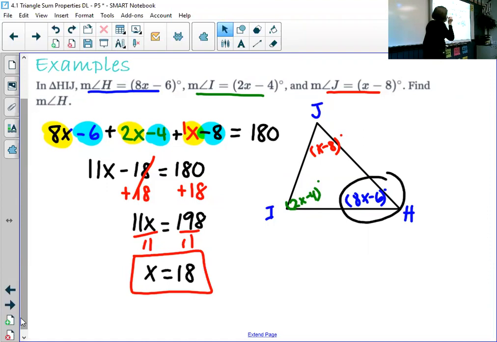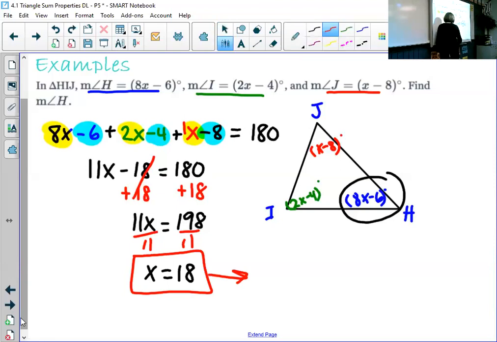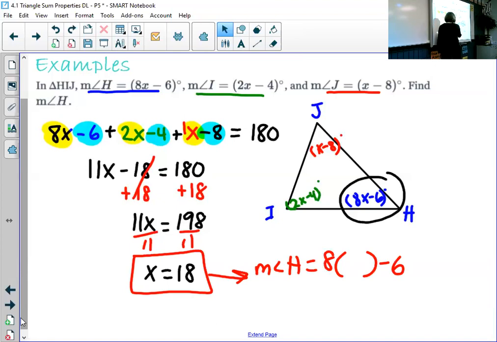So if you got x equals 18, good job. Now are we done? Can we just go to the next problem? No, make sure that you're looking at what they want you to find. And this said, find the measure of angle H. So this is going to tell me that I need to plug it in to 8x minus 6, and my x is 18.